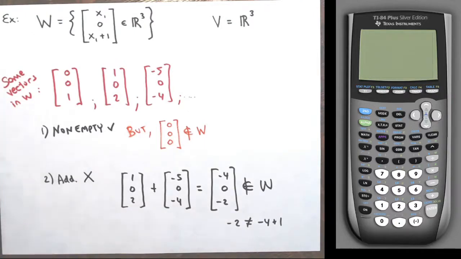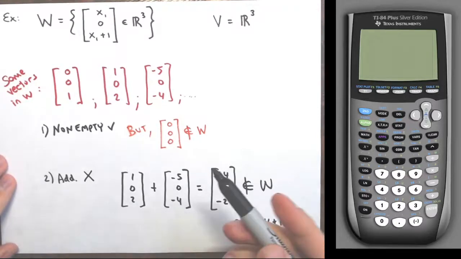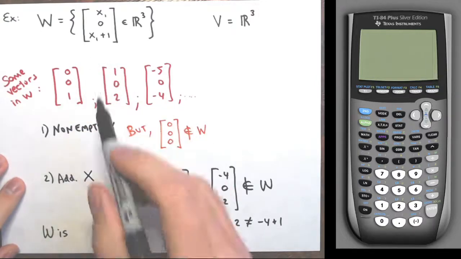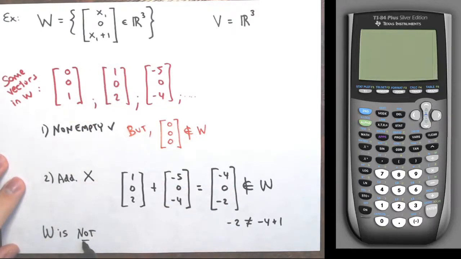You could also check that it's not closed under scalar multiplication, but all you need to do is show that one property doesn't hold to show that it's not a subspace. So W is not a subspace of R3.